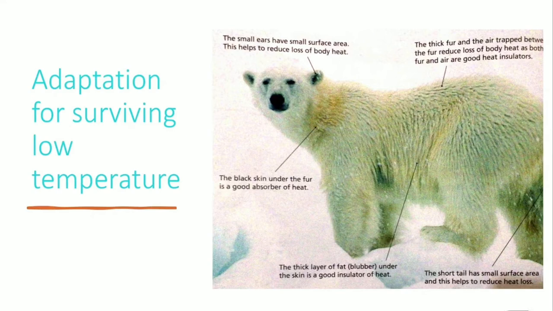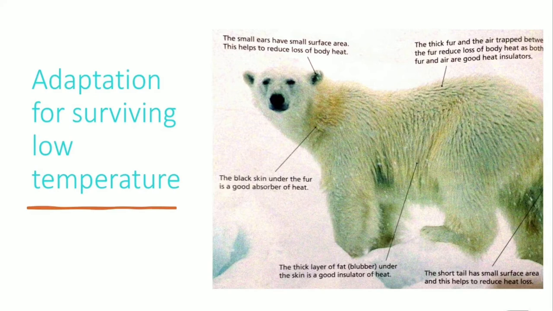So this low temperature is present in Antarctica. He must not be feeling that cold because he has a very fat blubber under the skin, which is a very good insulator of heat, and he has a cute tail that has a small surface area and helps to reduce heat loss, like the heat that is present in his body.